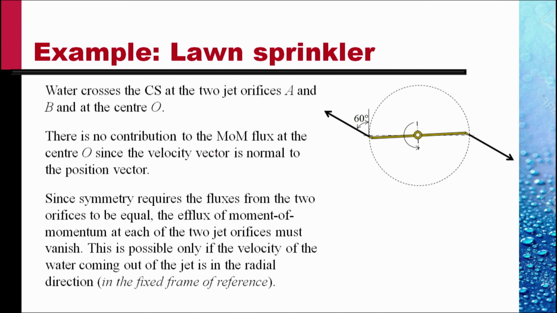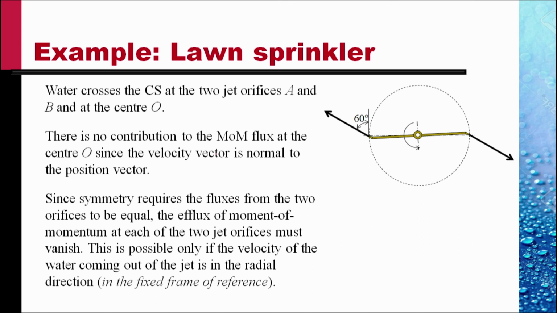The symmetry requires the fluxes from the two orifices to be equal. The efflux of momentum at each of the two jet orifices must vanish. This is possible only if the velocity of the water coming out of the jet is in the radial direction. Only if the momentum is in the radial direction would R cross momentum be 0.